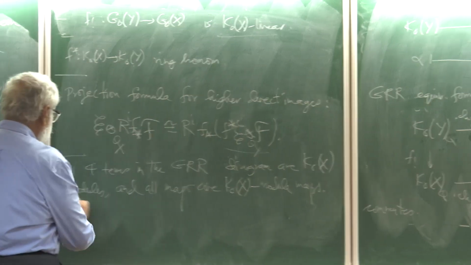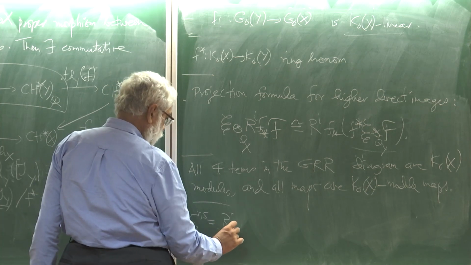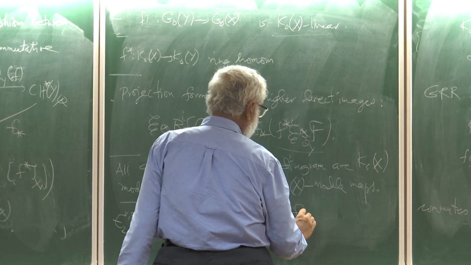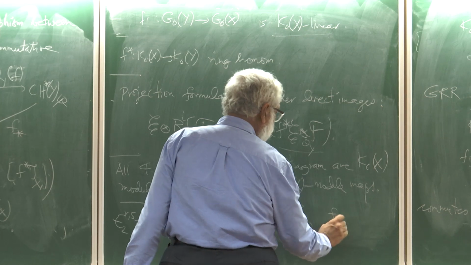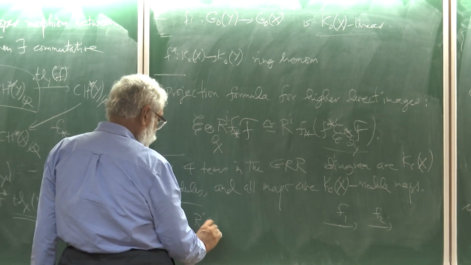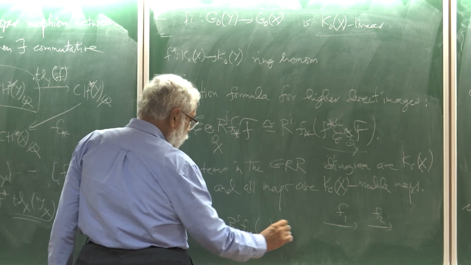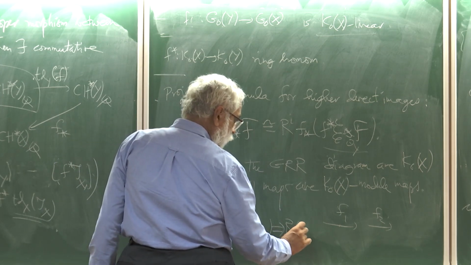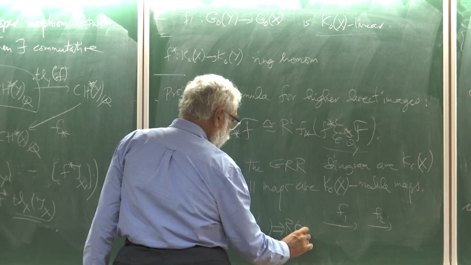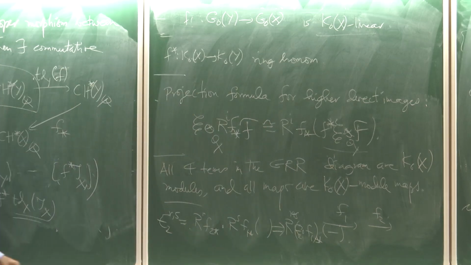So there is a spectral sequence, E2 is R^r of F2 lower star of R^s F1 lower star, which converges to R^(r+s) of (F2 composed with F1) lower star. There's such a spectral sequence.